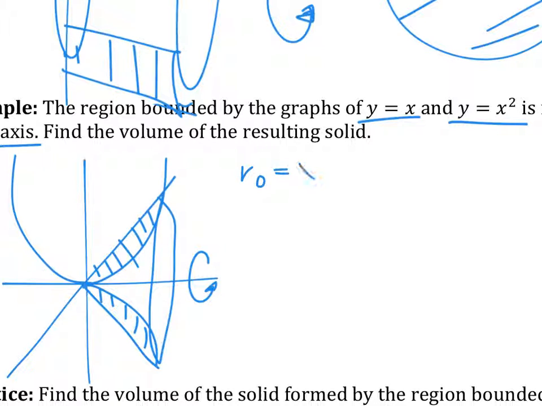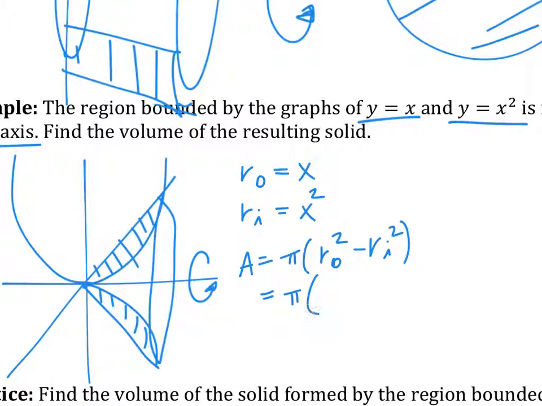Y equals x. So just x. And then what is the inside? X squared. Okay, so the area is pi times r outside squared minus r inside squared. That is pi times x squared minus x to the fourth.